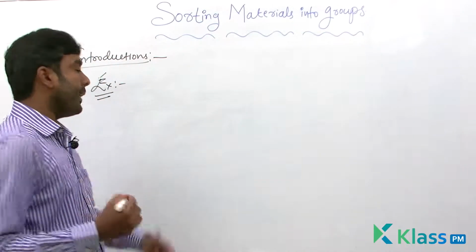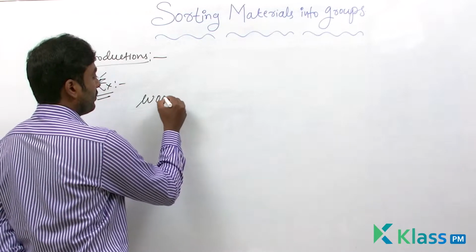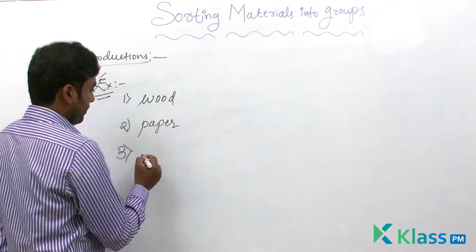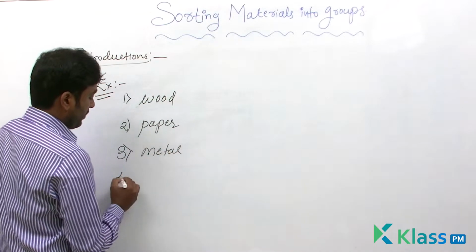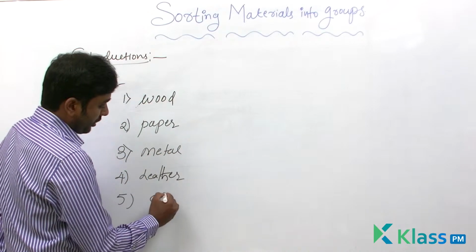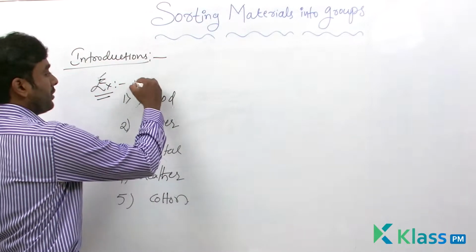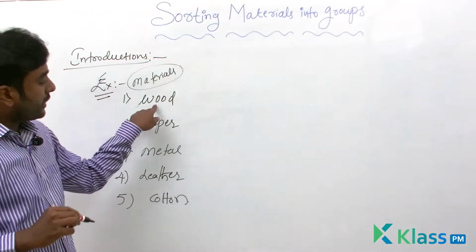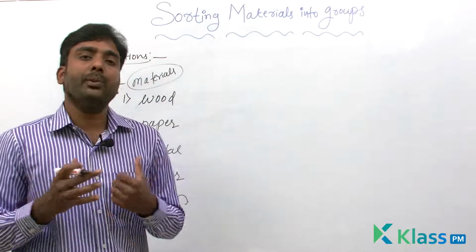Here I am taking materials like wood, next paper, third metal, leather, cotton. Now these are different materials. By using these materials, what objects can we make?